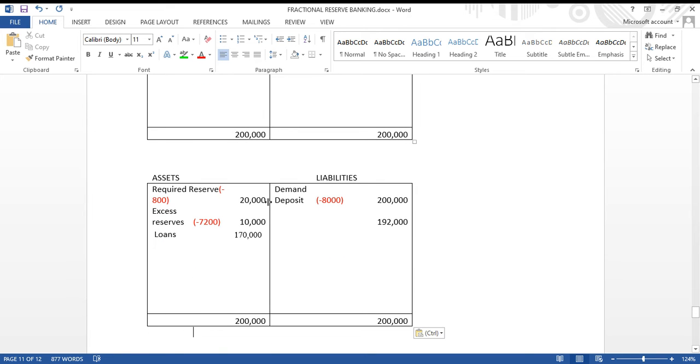So 20,000 minus 800, we're going to remain with how much here? 20,000 minus 800, 19,200. 19,200, right? And 10,000 minus 7,200 will get 2,800, right?